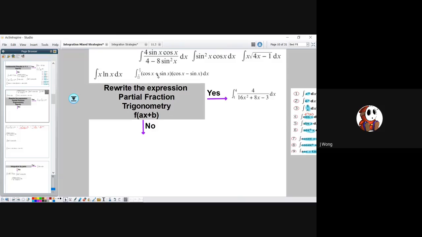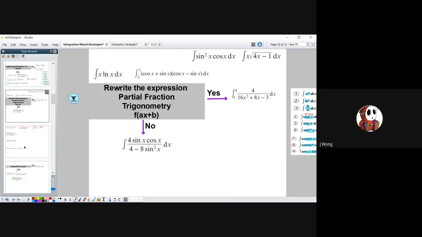So for the second integral, could we possibly rewrite using trigonometry? Yes, you could. Let me show you. You can't really integrate that, unfortunately, using f of ax plus b.